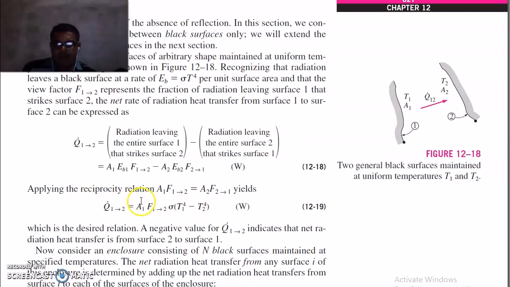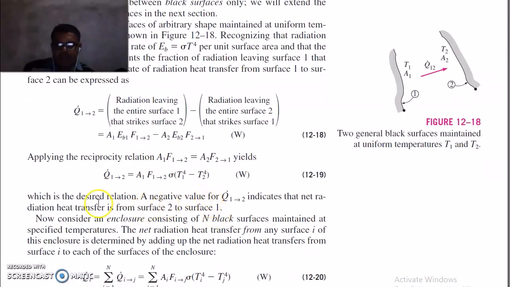Now apply the reciprocity relation. We know A1 F12 is equal to A2 F21. So taking this out of the bracket, A1 F12 sigma (T1^4 minus T2^4), which is the desired relation. A negative value of Q12 indicates that net radiation heat transfer is from surface 2 to 1.